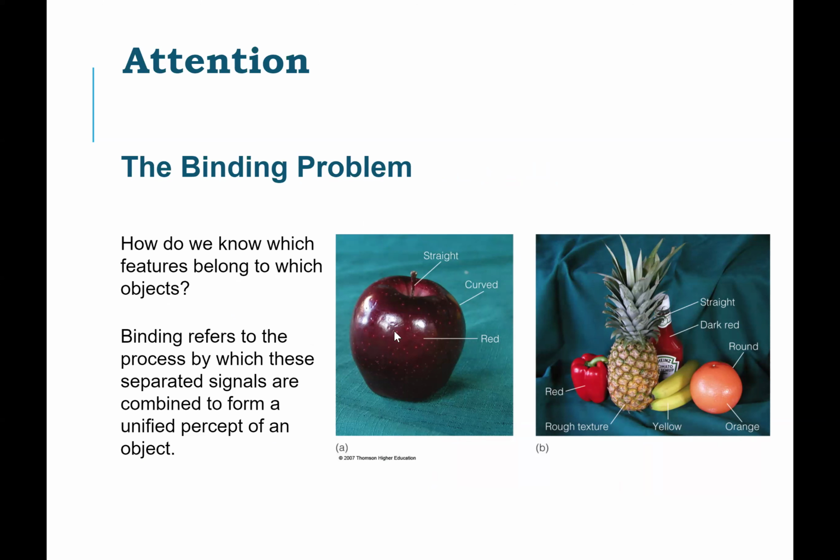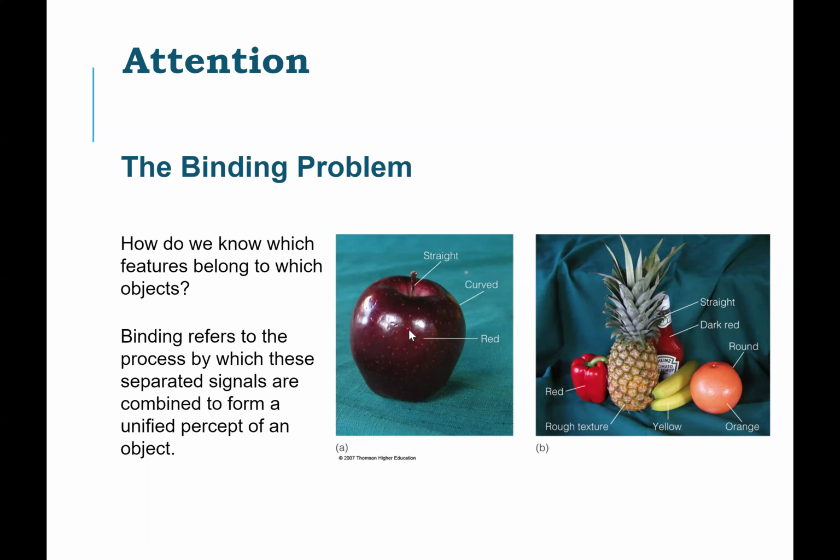I could say it could be yellow because I'm getting some yellow in the periphery, and I'm getting some red. You wouldn't be able to tell me what color the pepper in the periphery is if you're looking right here, because in the periphery, features get mixed together, and it's hard to resolve what feature belongs to which fruit.